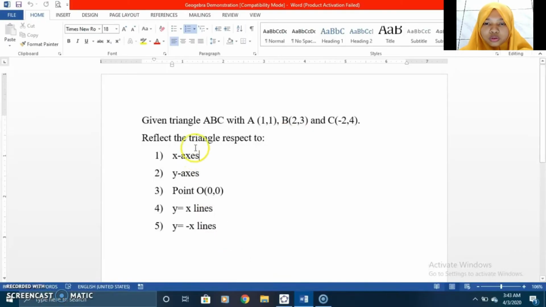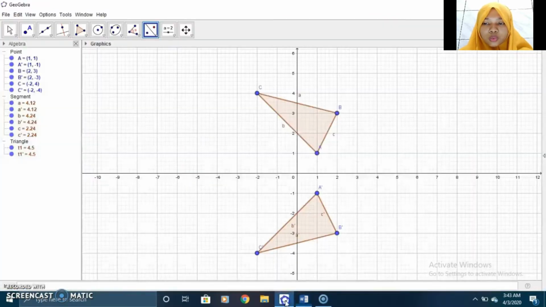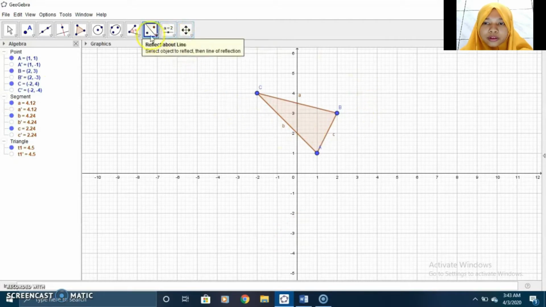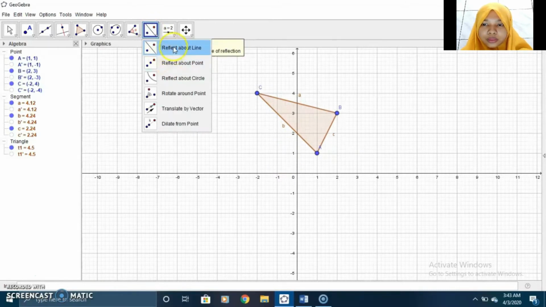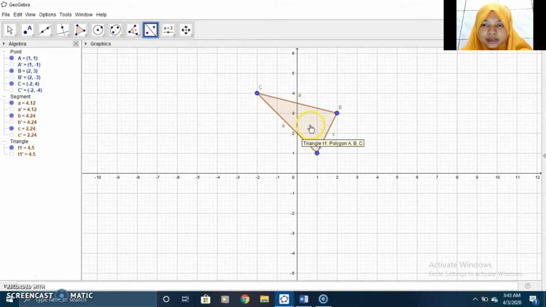Now we want to reflect the triangle ABC with respect to the y-axis. We unhide all the items of A', B', and C'. Okay. Now we reflect the triangle ABC with respect to the y-axis. We choose here reflect about line, then click triangle ABC and the y-axis.